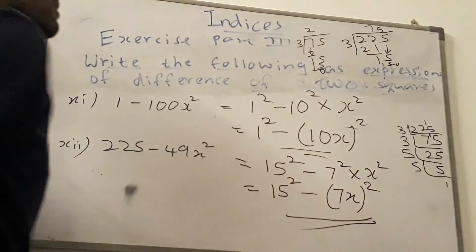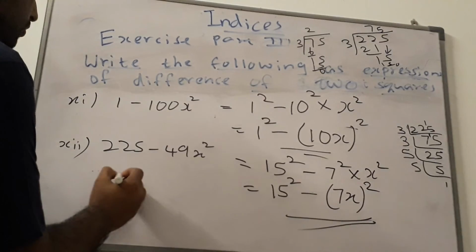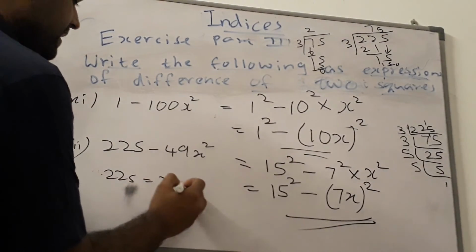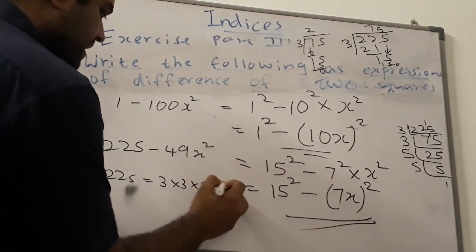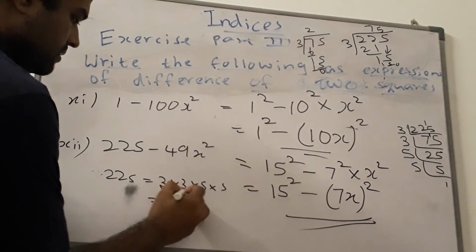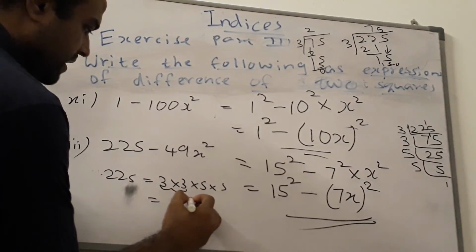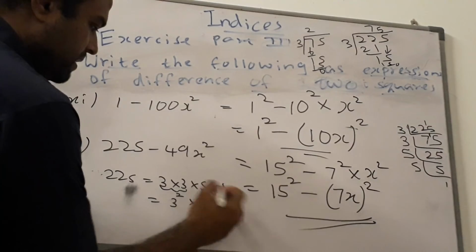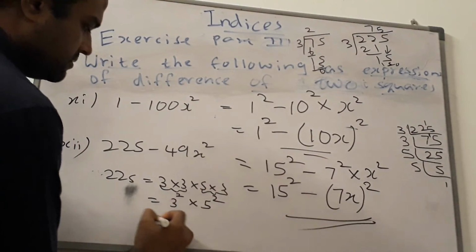5 times 5, and 5 is also divisible, so it is like that. So 225 can be written as 3 times 3 times 5 times 5. Two 3s means 3 squared, and two 5s multiplied with each other means 5 squared.